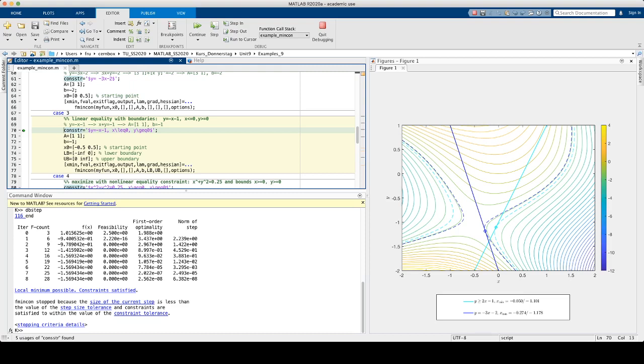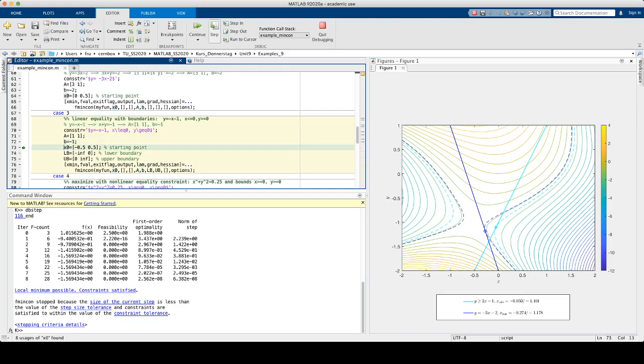So we have boundaries both in x and in y. The reformulation of the equality constraint is straightforward again. We have y equals minus x minus 1. From this follows x plus y equals minus 1. So A, the matrix A, is the row vector 1, 1, and the constant B is minus 1.